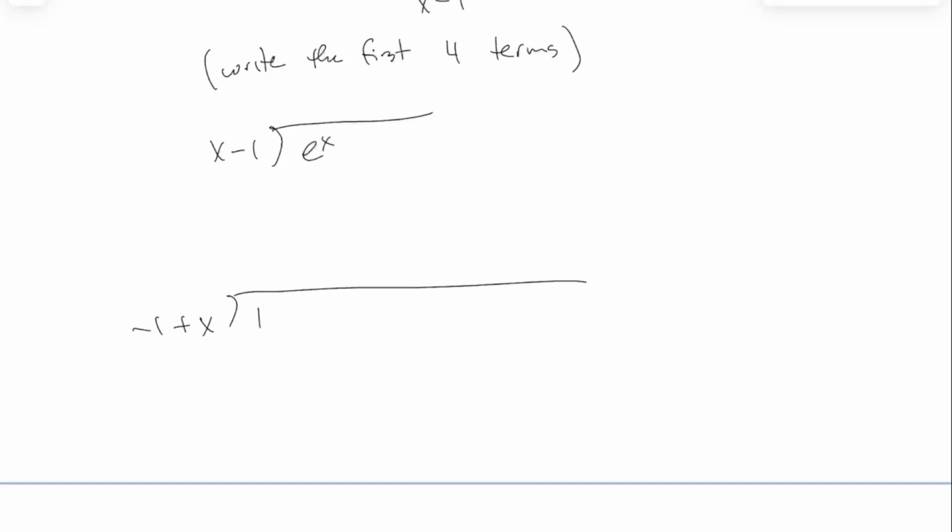And then for the e to the x, I write the series: 1 plus x plus 1 over 2 factorial x squared plus 1 over 3 factorial. Because I'm going to be dividing here, it's going to be a little nicer if I write out that 1 over 6 is the same as 1 over 3 factorial. I'm just calculating the factorials so that we can divide easier in this division thing.